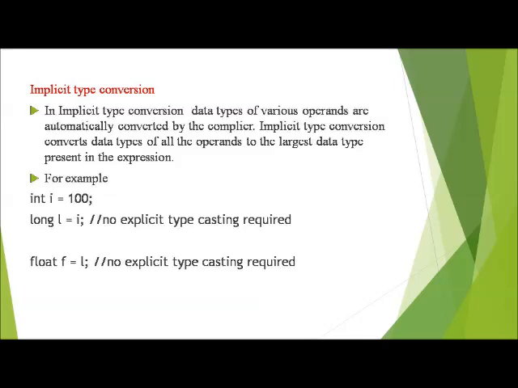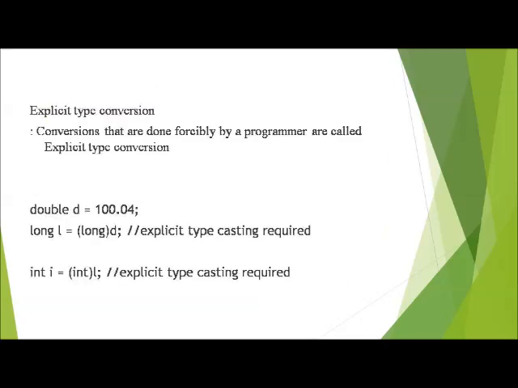For example, int i equals 100. Long l equals i, for this no explicit typecasting is required. Float f equals l, for this also no explicit typecasting is required. Explicit type conversion.